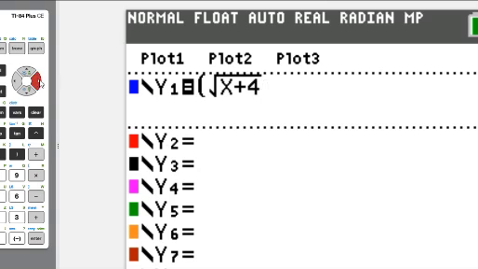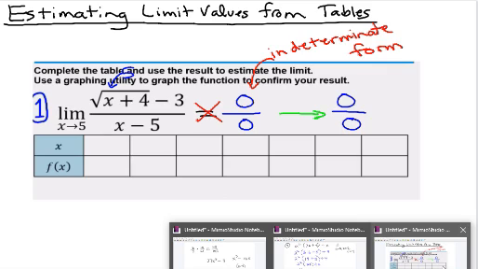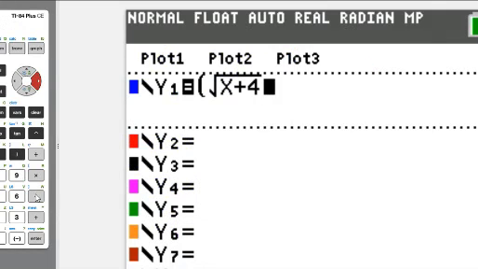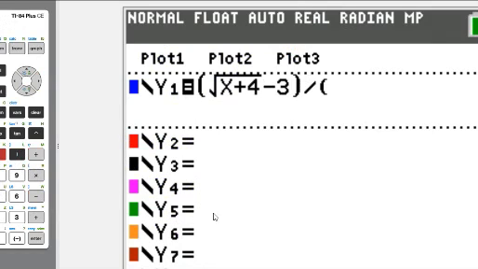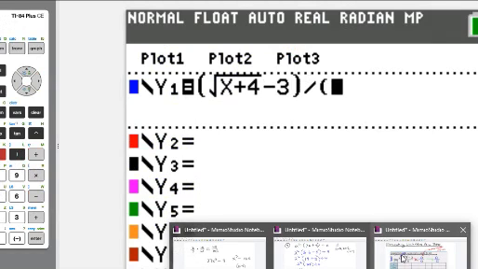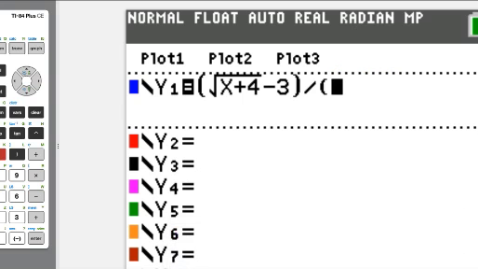I need to get out of that square root, and then it's minus 3. Then I need the right parenthesis. The whole thing is going to be divided by another quantity, x minus 5. Take your time entering the function correctly. So now we have the function entered correctly.